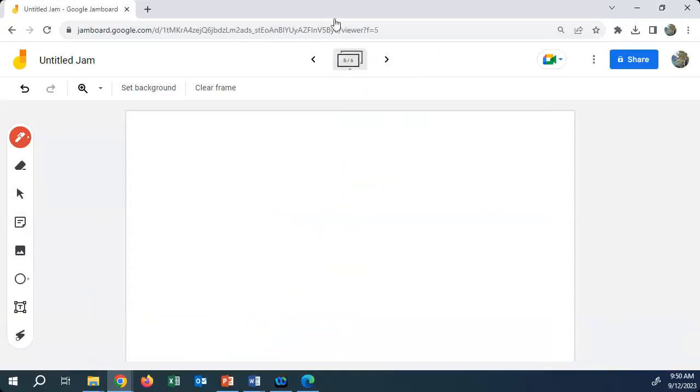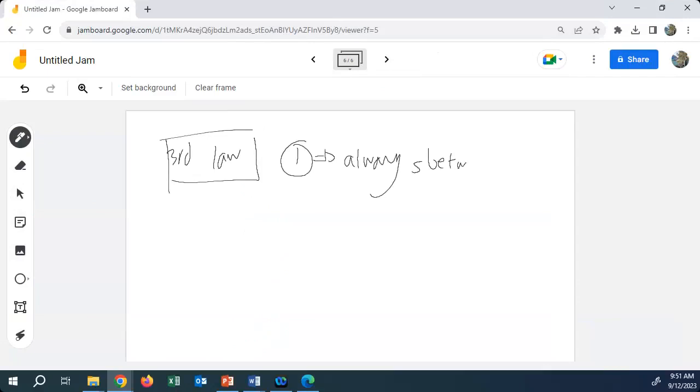Okay. Now Newton's third law. First thing which is important, it is always between two objects.